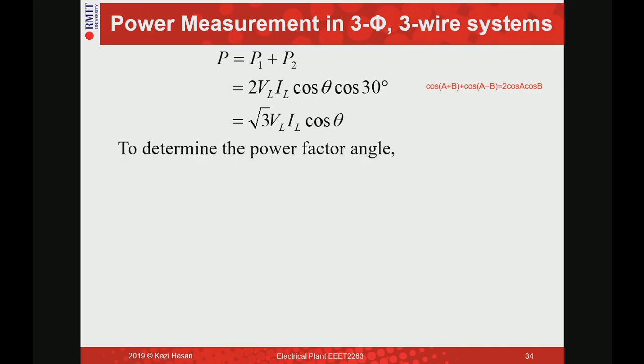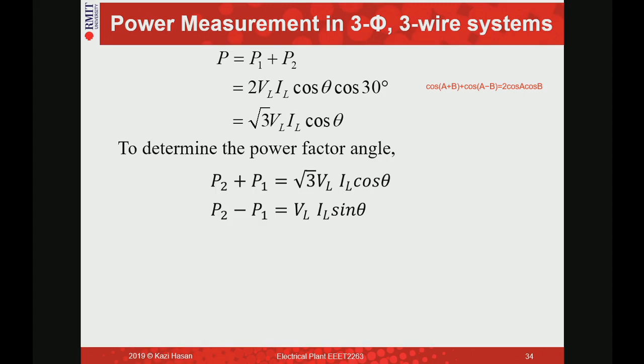Now, how do we calculate the power factor angle? A wattmeter can measure your real power and it can measure your power factor as well. So we have our P1 plus P2, and that gives us root 3 VL IL cos theta.